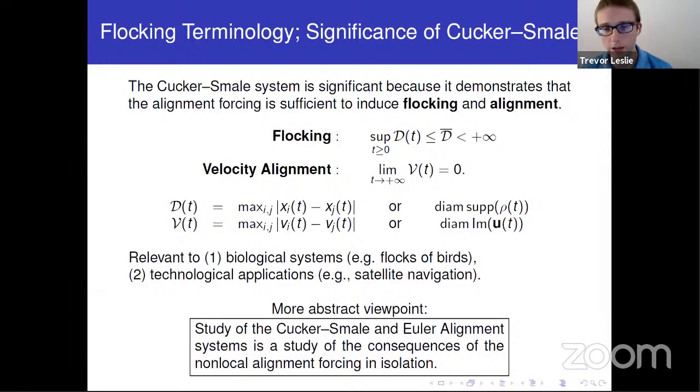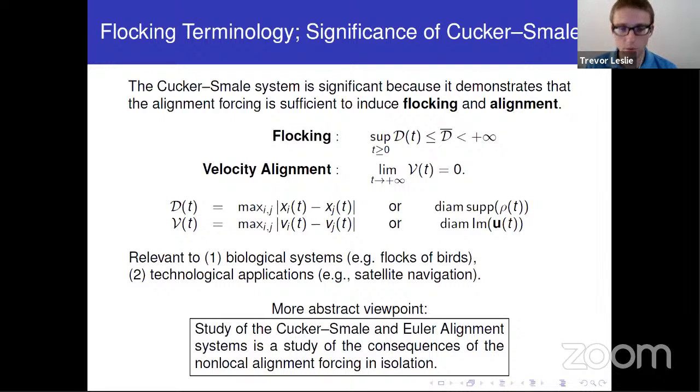Mathematically, we say that flocking occurs if the diameter of the agents or the density profile remains uniformly bounded in time so that the agents move in a cohesive group. And we say that velocity alignment occurs if the diameter of the velocities tends to 0 in the time asymptotic limit.